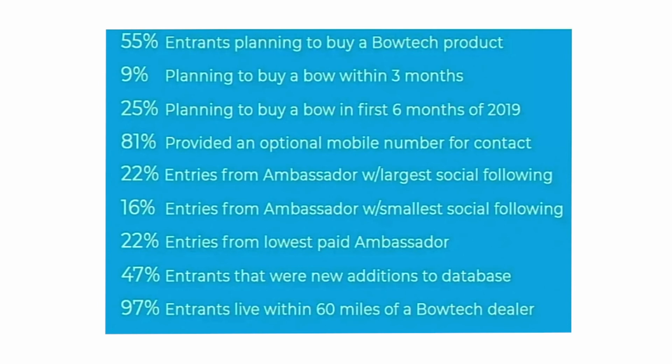And then other stats here, like 25% plan to buy in the next 6 months. And then what was also interesting is 22% of the entries in aggregate came from the ambassador with the largest social following. And by far and large, they had millions of people compared to the other ambassadors. But 16% of all entries came from the ambassador with the smallest social following.